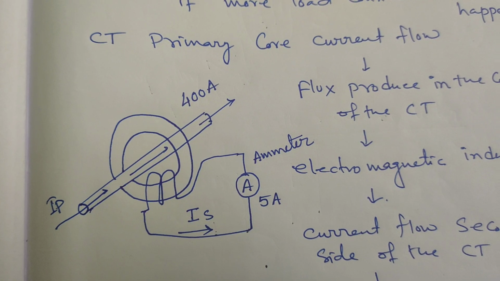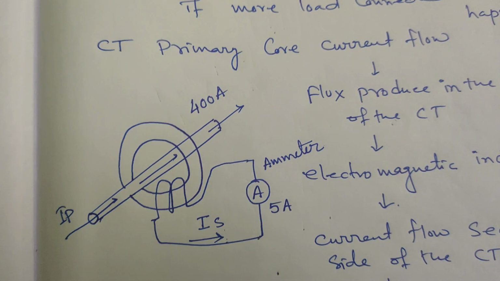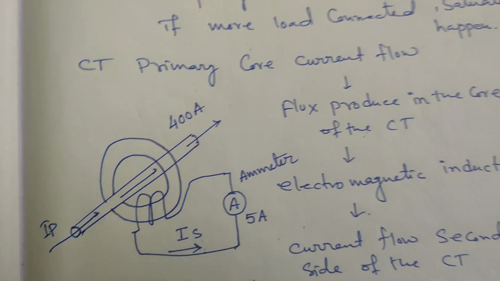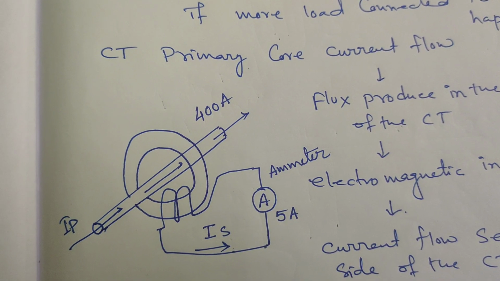And when lots of flux is generated in the core, CT saturation will occur.